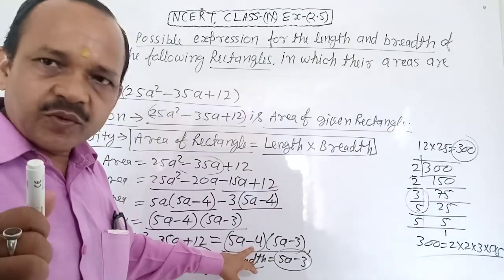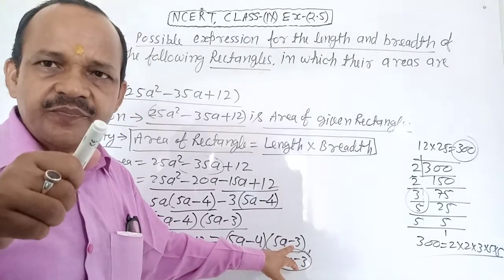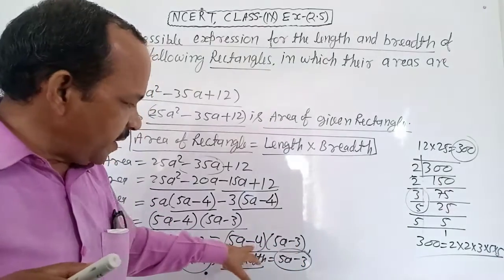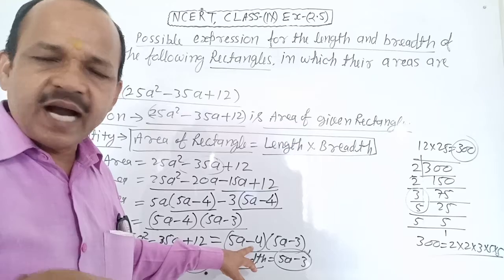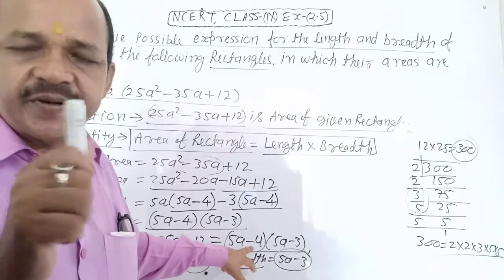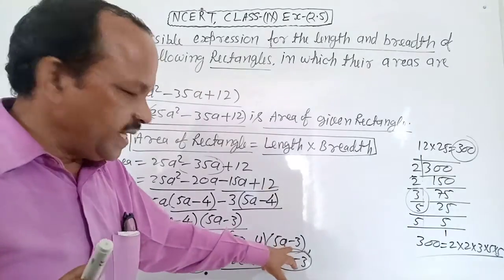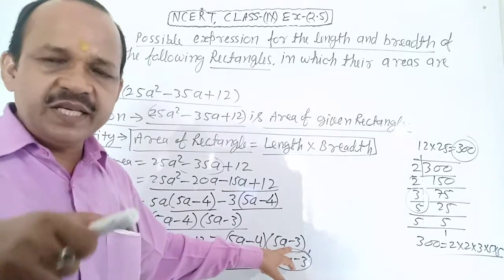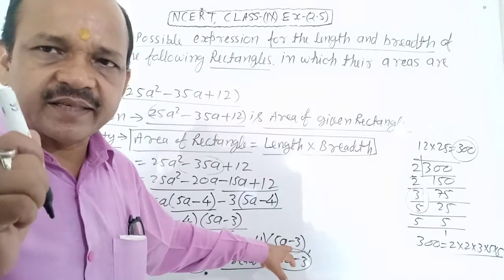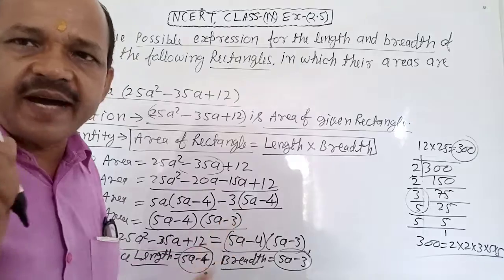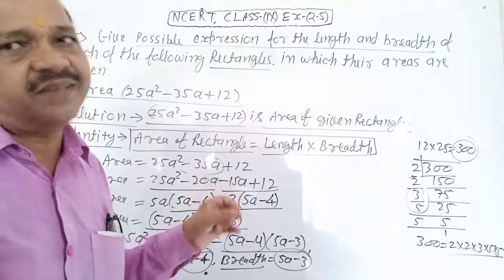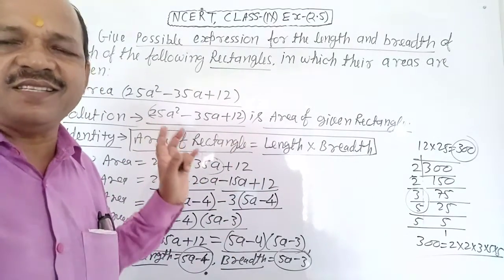Here minus 4 and here minus 3. It means 5a minus 4 is smaller and it is the breadth of the rectangle. 5a minus 3 is greater, it means it is the length of the rectangle. Clear? Length and breadth are clear. Very good. It is very easy.